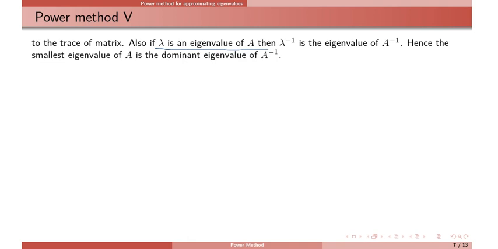So if the eigenvalue of matrix A is lambda, then the eigenvalue of A inverse will be the reciprocal, 1 by lambda. Okay, so you can compute other eigenvalues by using properties.